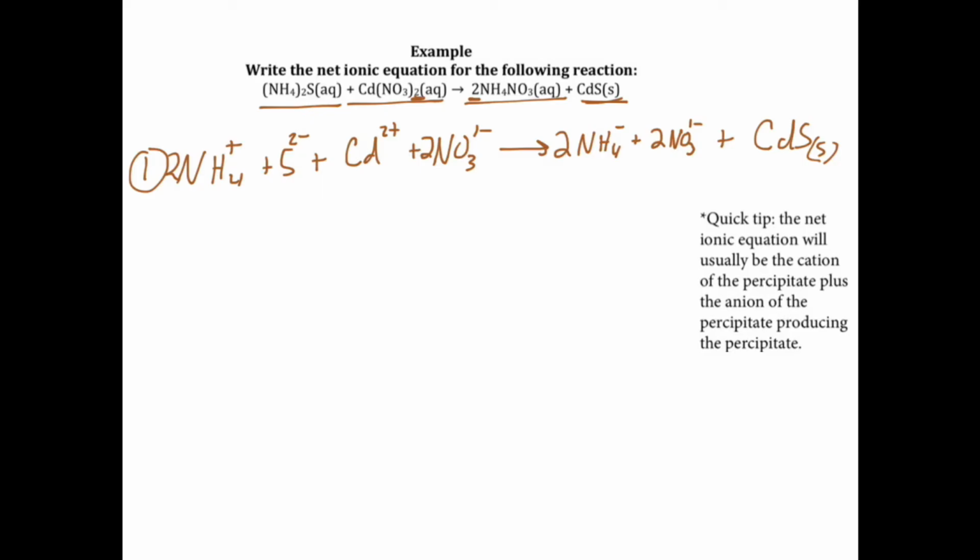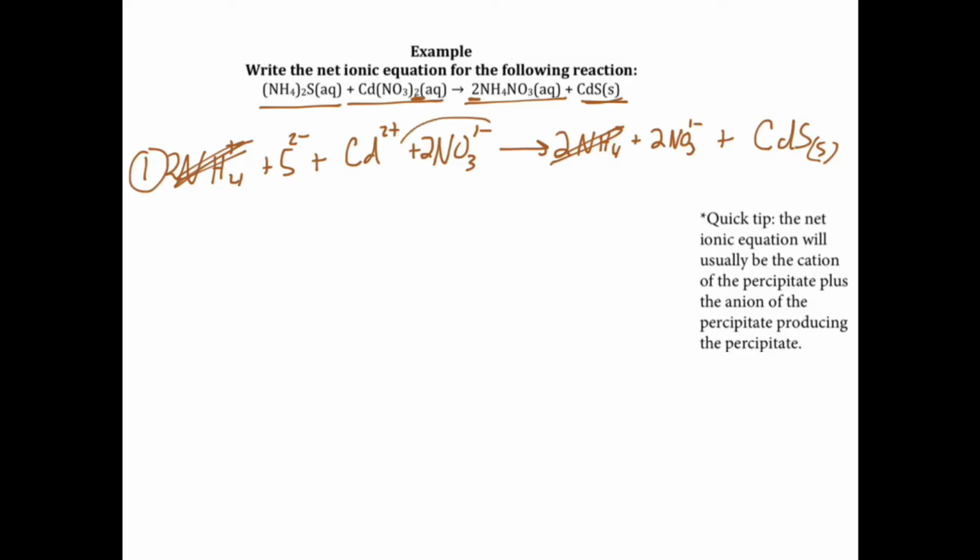You can figure that out by crossing out everything you see on both sides that's an aqueous ion. Notice this here and this here are the same thing. It starts off as an aqueous ion and ends as an aqueous ion, so we can cross this out.